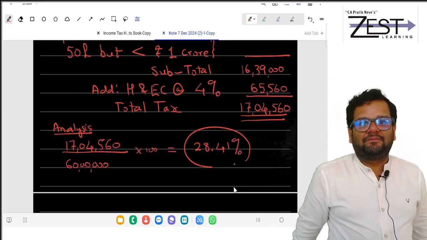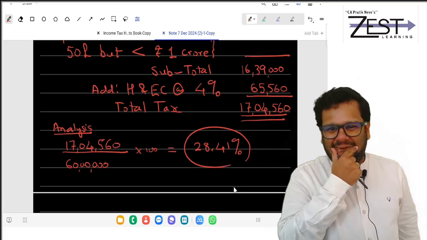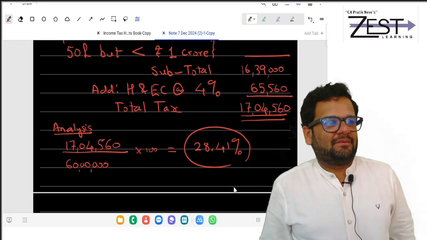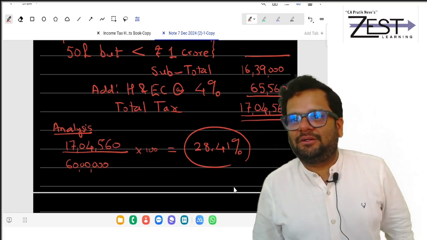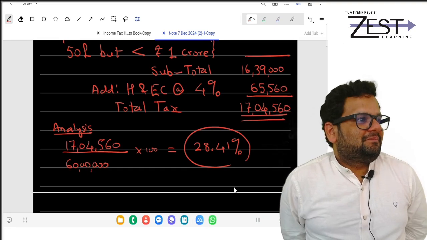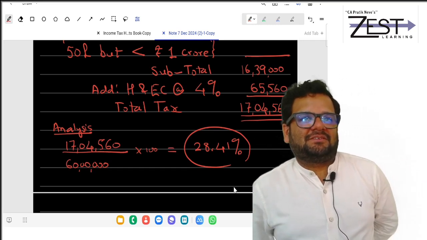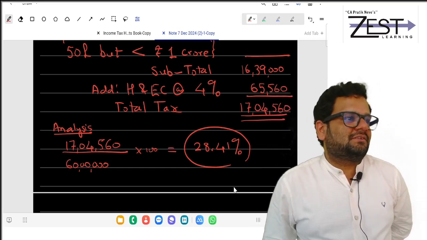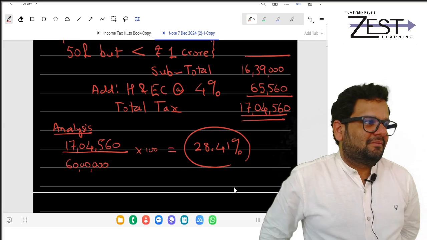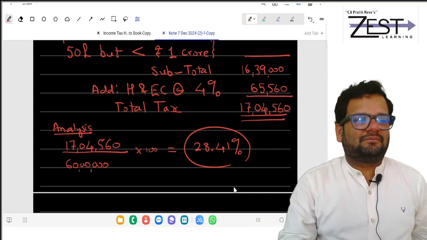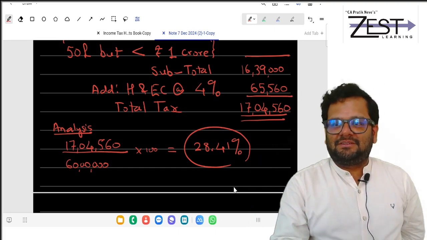This much you are paying to the government. More than a quarter of the year you are working for the government. Out of 6 days, at least 1.5 days, more than that. See, look at it positively: it means infrastructure facilities for you.